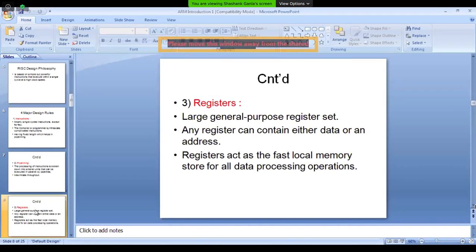It can read from registers faster than from a RAM or ROM location. Hence, because of the large set of registers preferably used in RISC architectures, the CPU operates much faster in contrast to CISC architectures.